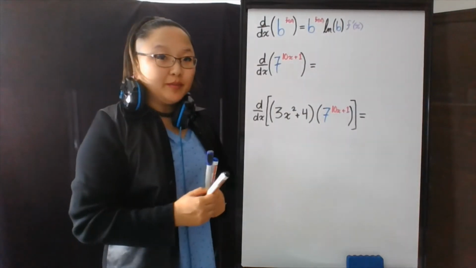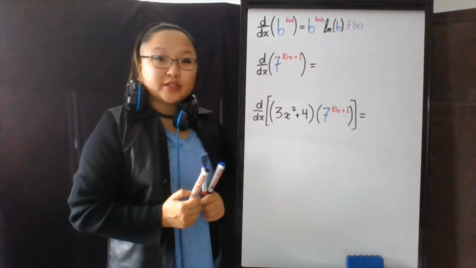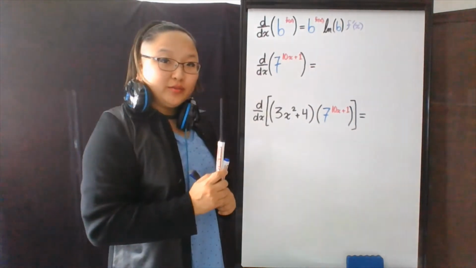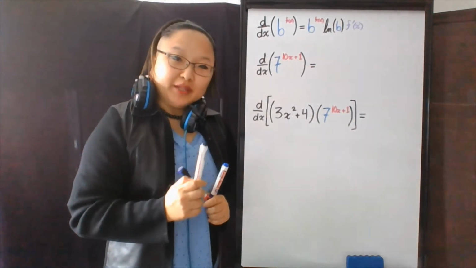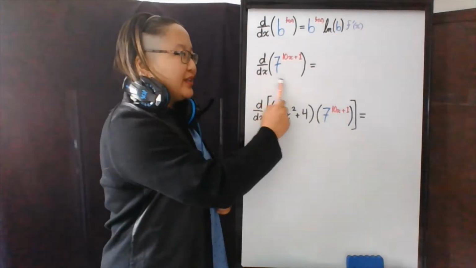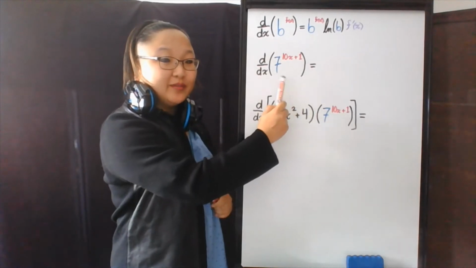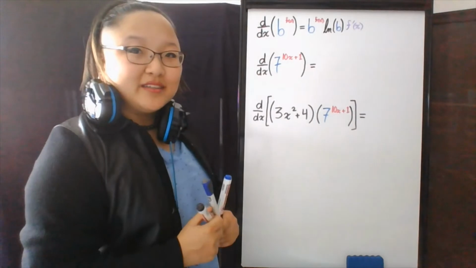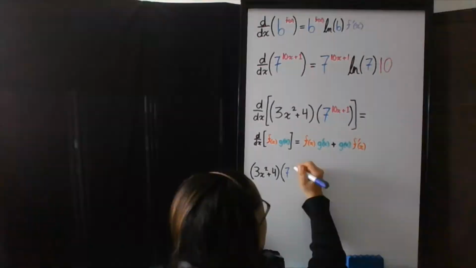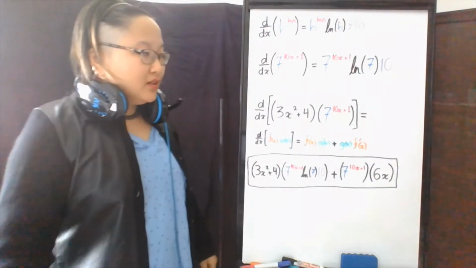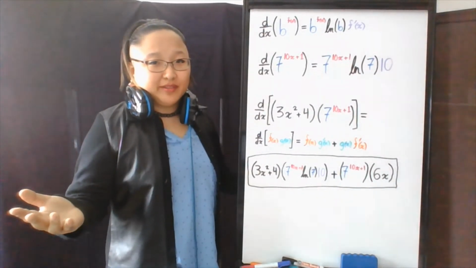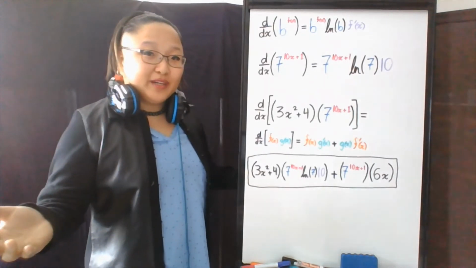In a problem that looks like this, what you'll notice is that it's a product rule. Alright, I'm going to apply the product rule with the exponential derivative rule inside of it. Here we go. So, as you can see, the product rule, which I know I said I wasn't going to write any derivative rules, but the exponential rule, but I lied.